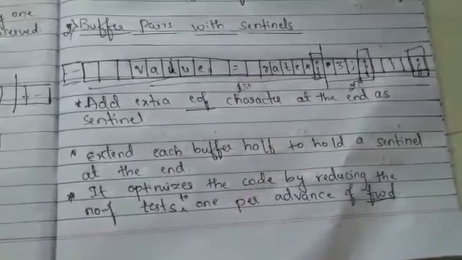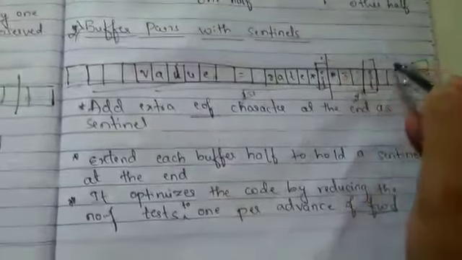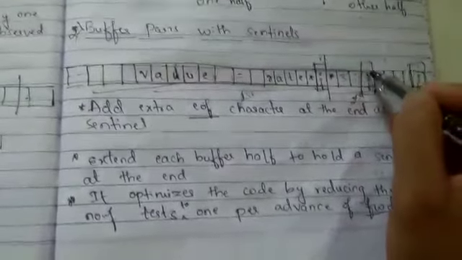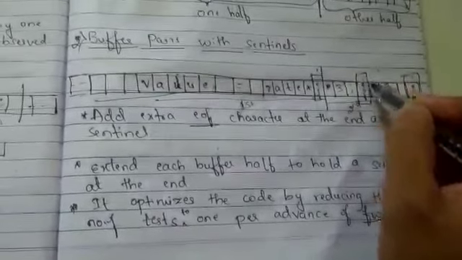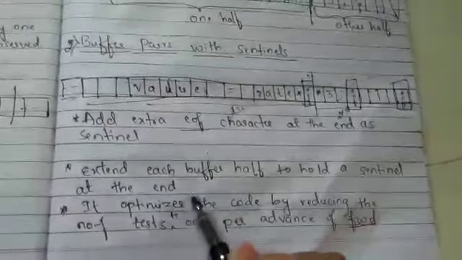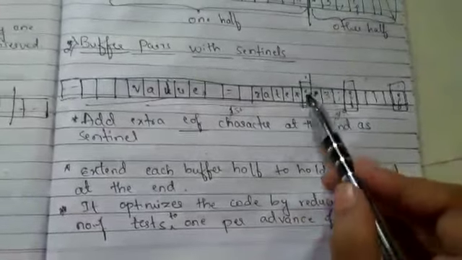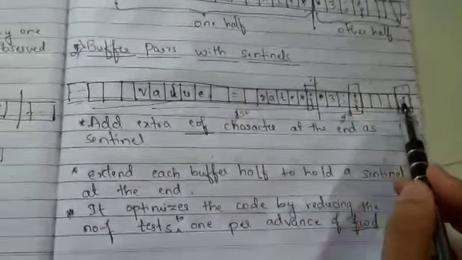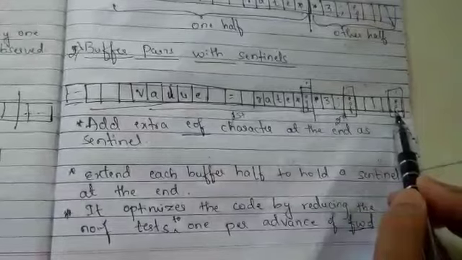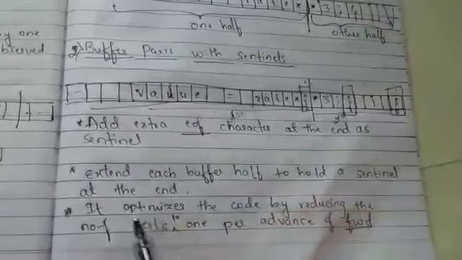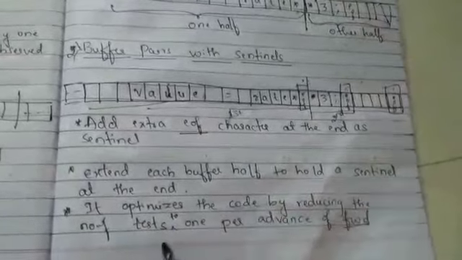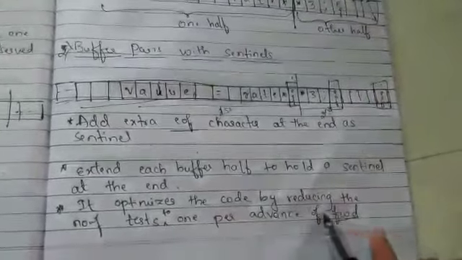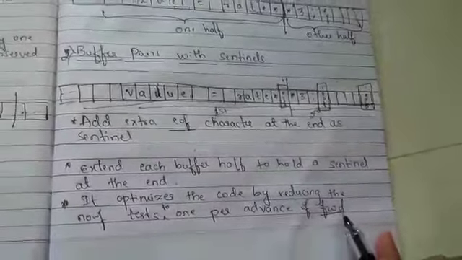Once the first half is completed we use it here, and once the second half is completed we use it here, and once we complete the statements also, we use EOF. Extend each buffer half to hold the sentinel at the end. We use it to optimize the code by reducing the number of tests to 1 per advance of the forward pointer.